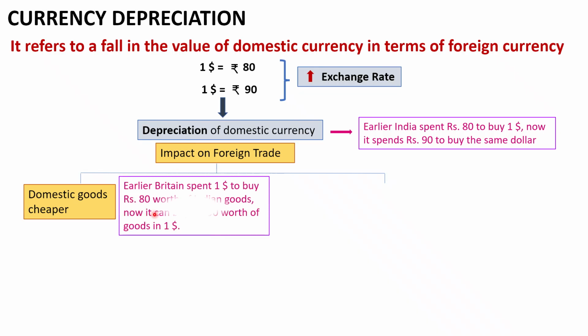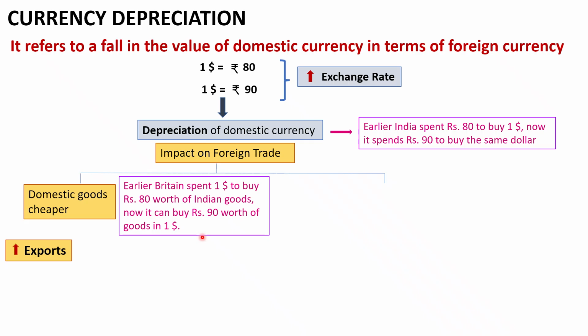What does that mean? That earlier Britain spent $1 to buy 80 rupees worth of Indian goods. Now it can buy 90 rupees worth of Indian goods by spending the same dollar. So our exports will rise.